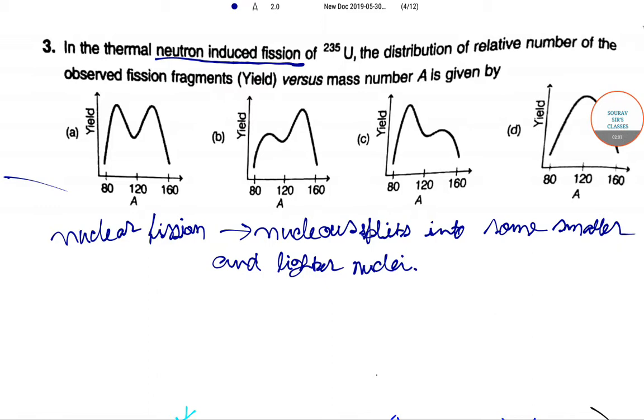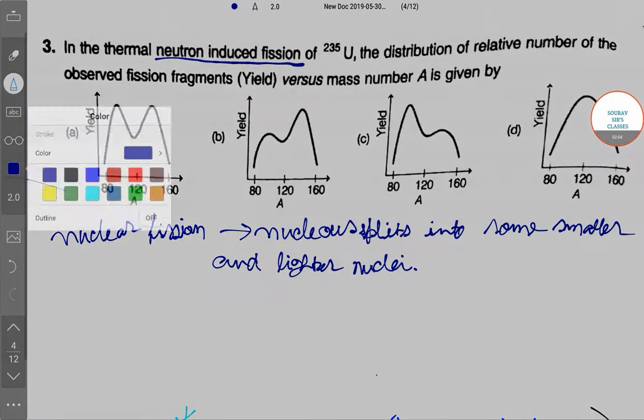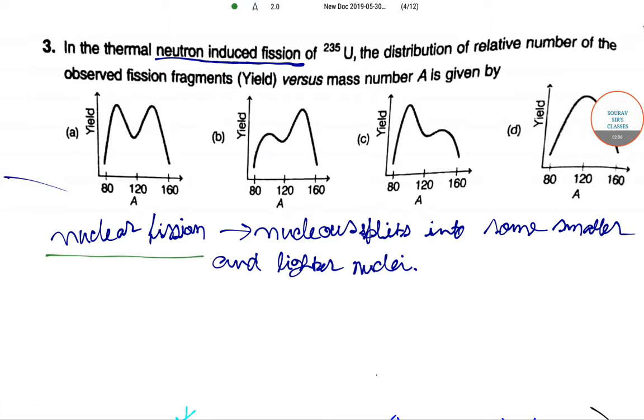Okay, so nuclear fission is the process in which a nucleus splits into some smaller or lighter nuclei.